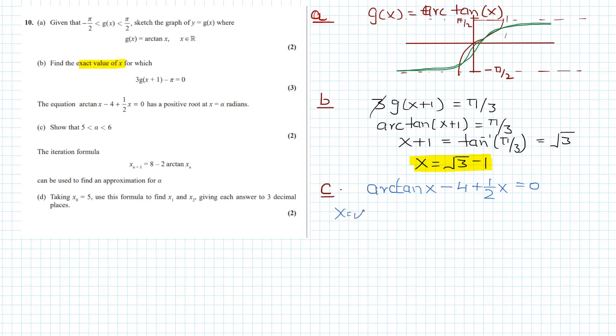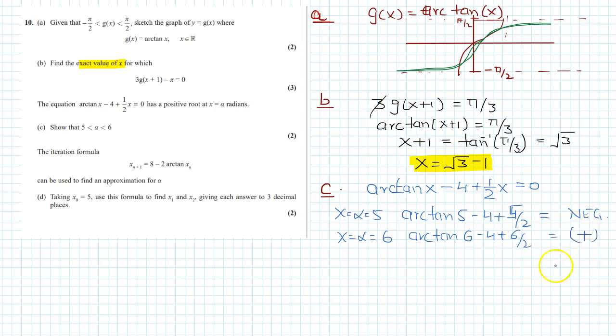So x is equal to alpha is equal to 5, so arctan 5 minus 4 plus 5 over 2, this value you will get negative, and if x is equal to alpha is equal to 6, that is arctan 6 minus 4 plus 6 over 2, you will get it positive.